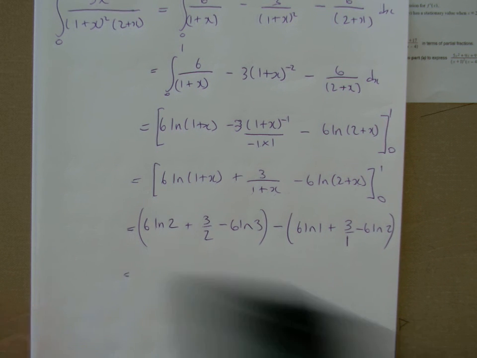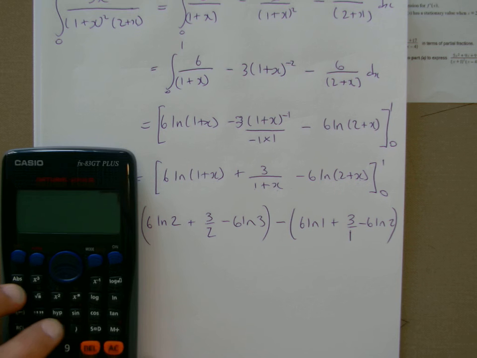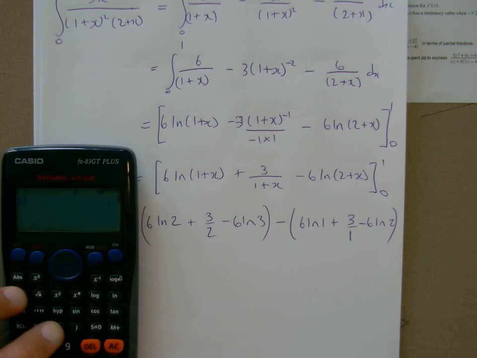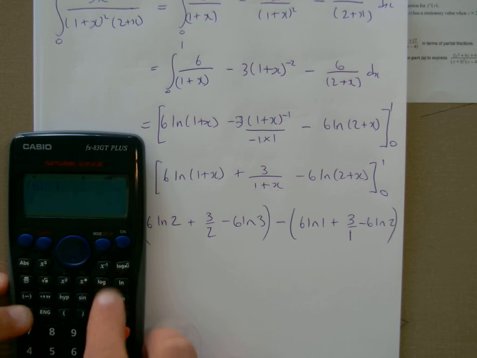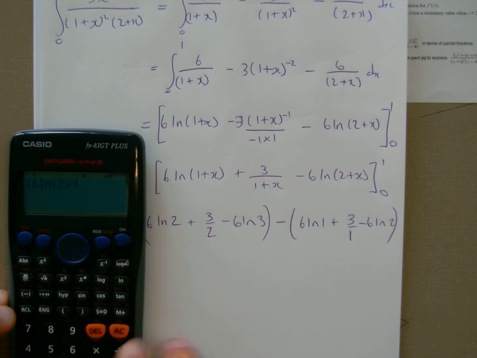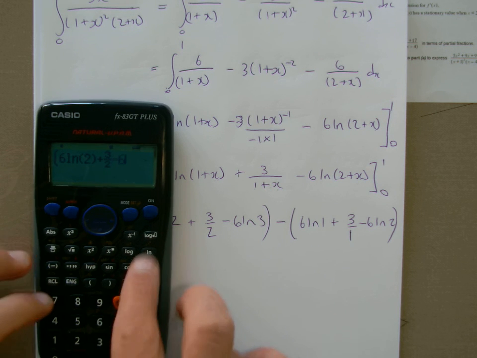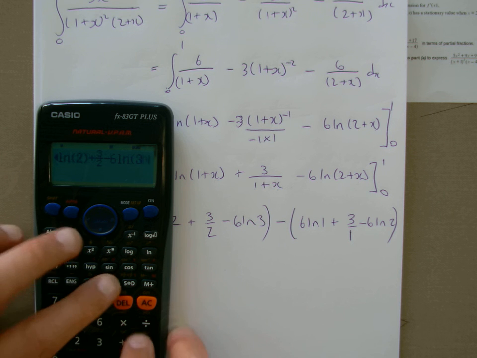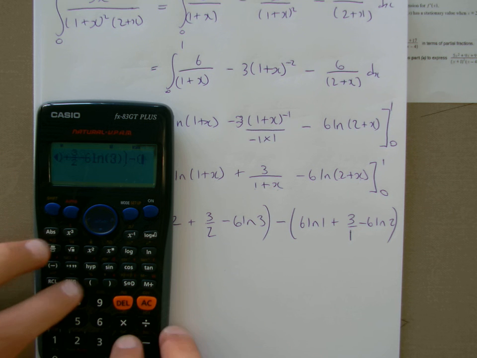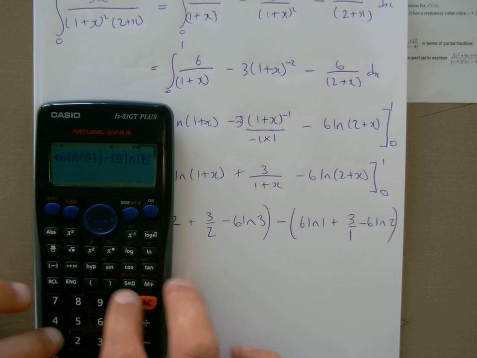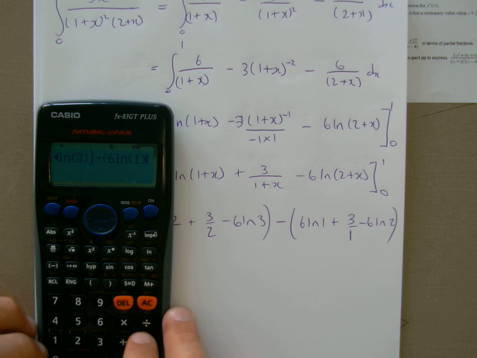Okay, so I get my calculator and I'll type all this in one go. 6 ln 2 plus 3 over 2 minus 6 ln 3, close bracket, and then take away the lower one, 6 ln 1. Of course, ln 1 is 0, isn't it?